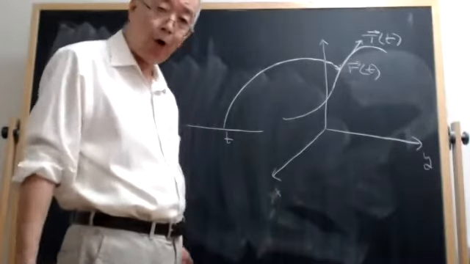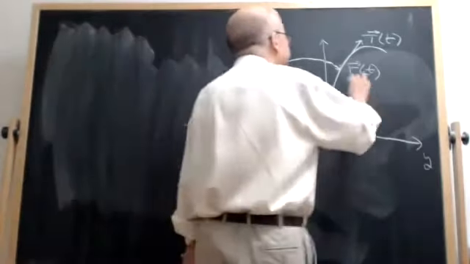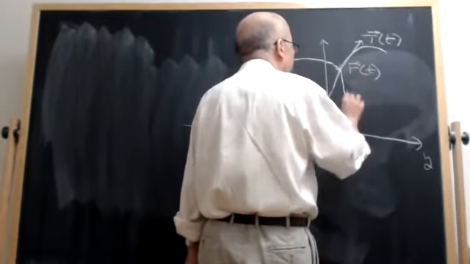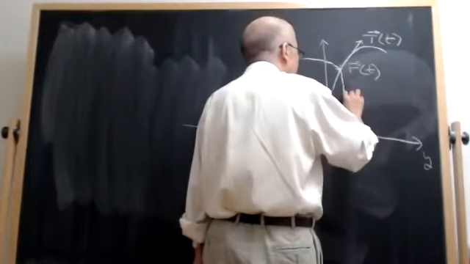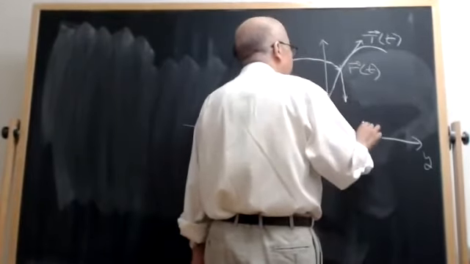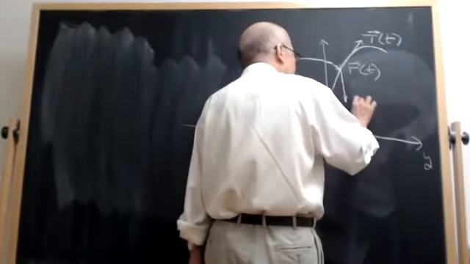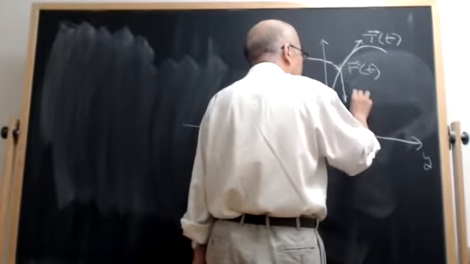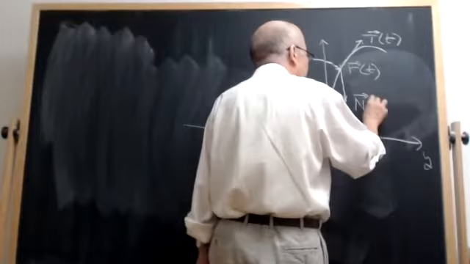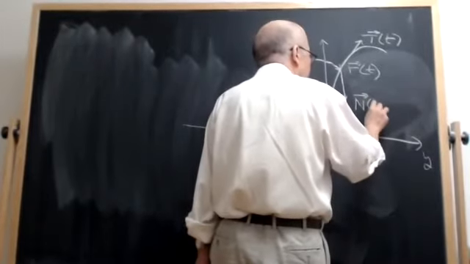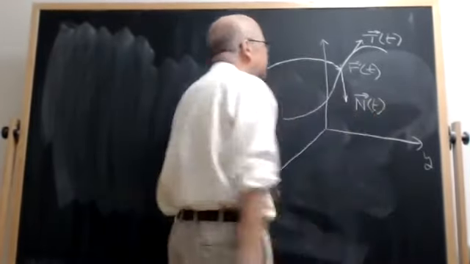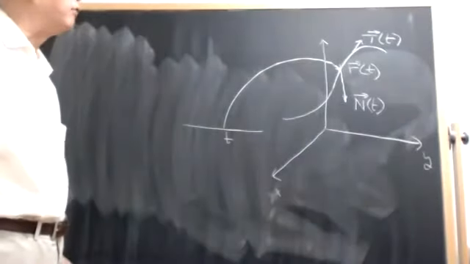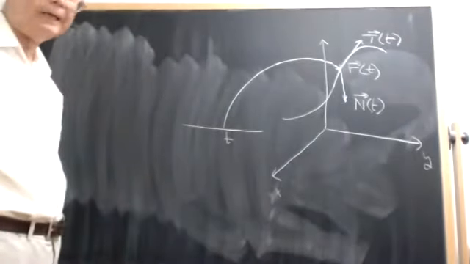And then we'll normalize it. We call this N of t.